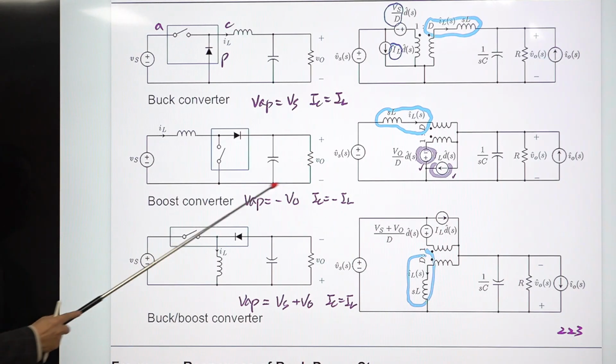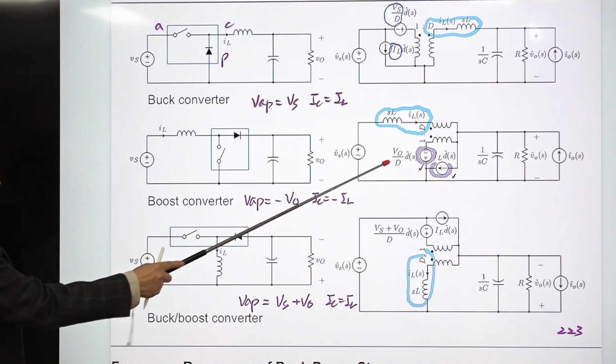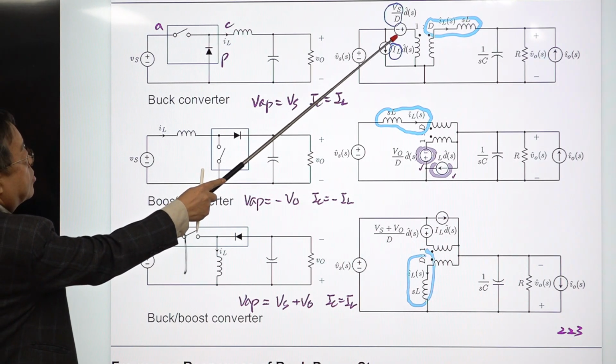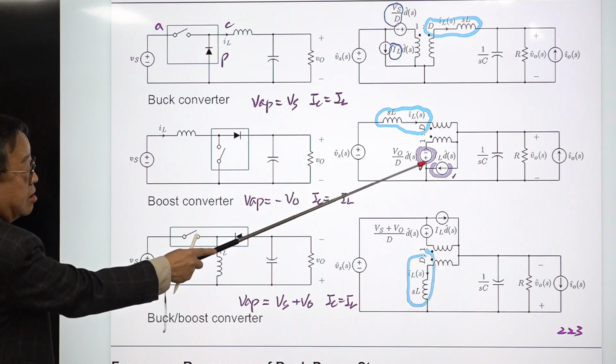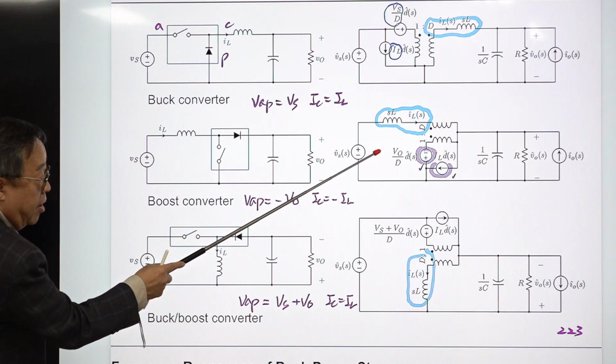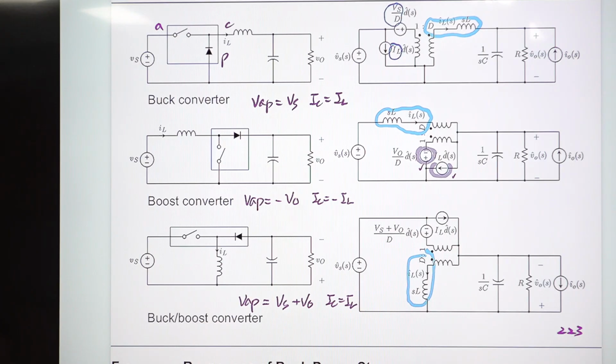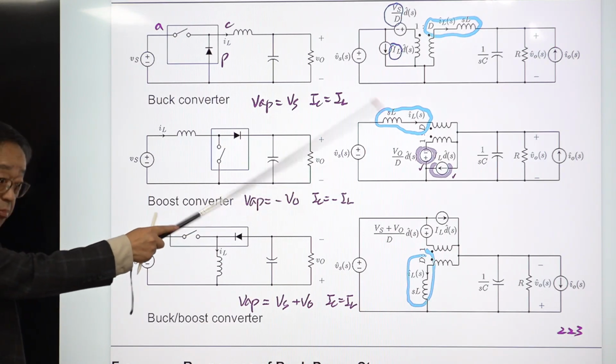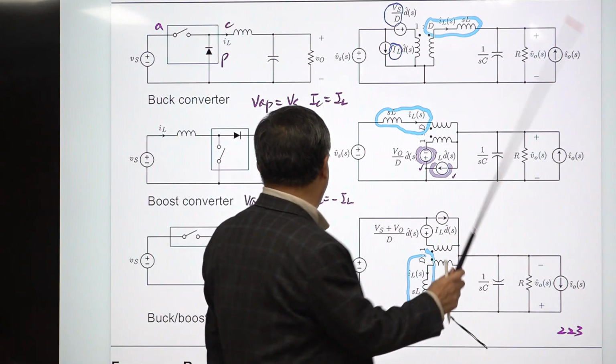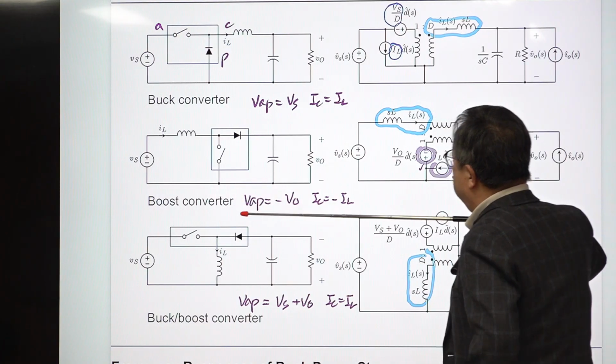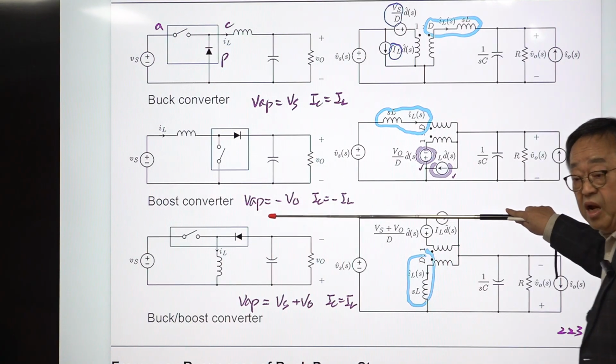This voltage is minus VO. So you swap the polarity of this rather than putting a minus sign in front of it; it is the same thing. And here, IC and IL are opposite in direction.